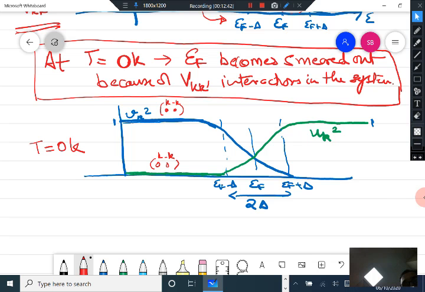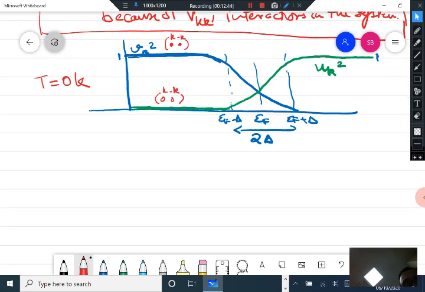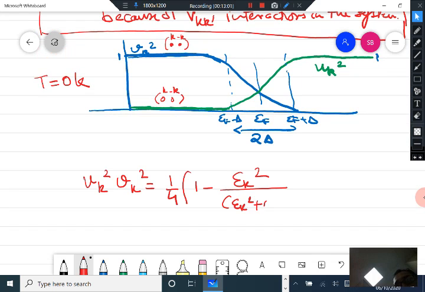So if we consider Uk and Vk, we had got Uk square and Vk square. Now if you take the product of Uk square and Vk square, it will be 1 by 4 times 1 minus Ek square divided by Ek square plus delta square.